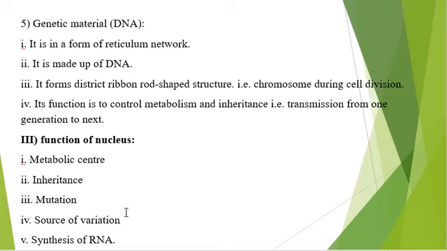Then the next part, genetic material, is made up of DNA. At the time of division, the genetic material is converted into ribbon or rod-shaped chromosomes. The function of genetic material is to control metabolism and inheritance.